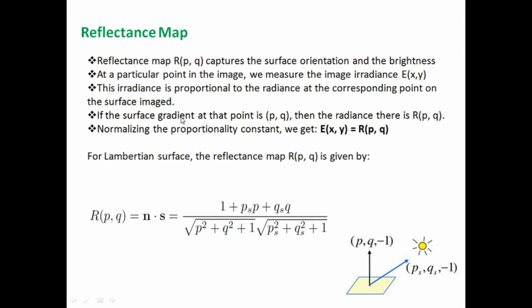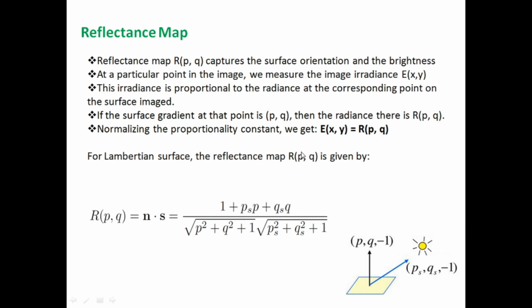So if the surface gradient at that point is P comma Q, then the radiance there is R of P comma Q. So normalizing, can I write that the irradiance is receiving the radiance that is emitted by that point. So E of x comma y is equal to R of P comma Q. This is what I got finally.